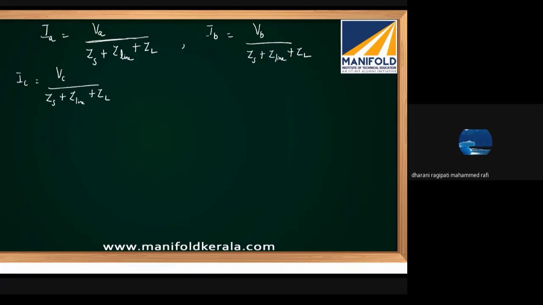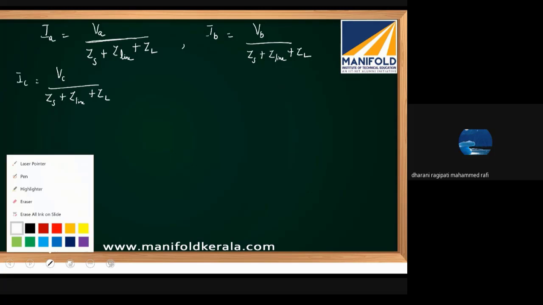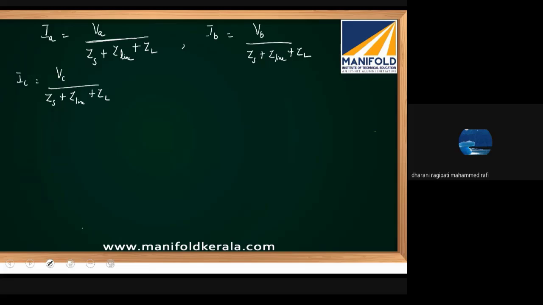If I take a phasor diagram of the three phase voltages, VA, VB, and VC, here the three phasors are balanced if their magnitudes are same. That is, first condition, mod VA is equal to mod VB is equal to mod VC.